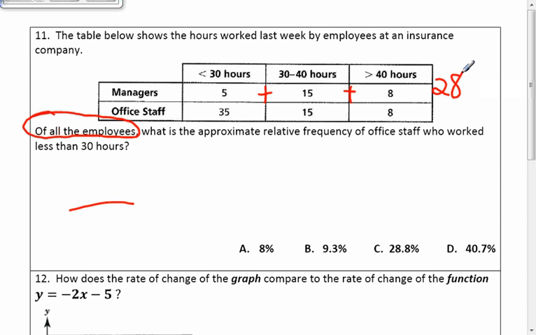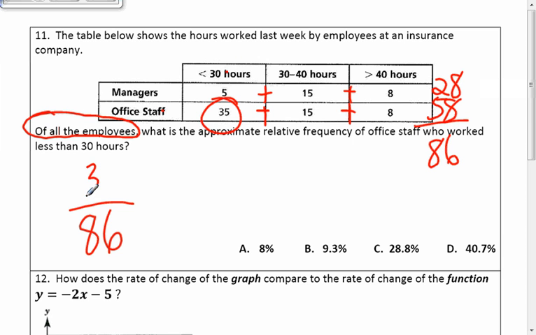How many office staff? 35 plus 15 is 50 plus 8 is 58. So how many total employees are there? 86. So of the 86 employees, what is the approximate relative frequency of office staff who work less than 30 hours? Office staff, less than 30, 35 of them.